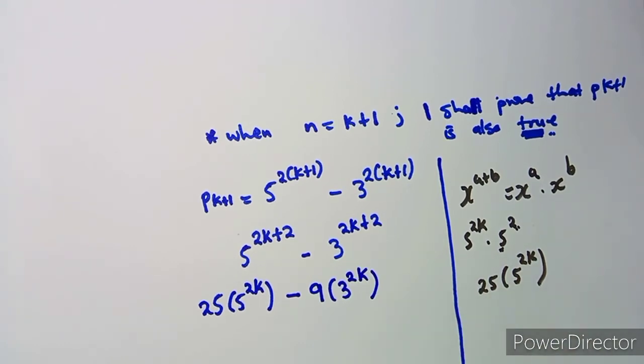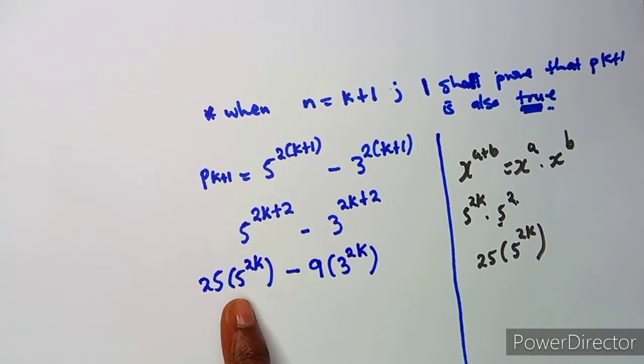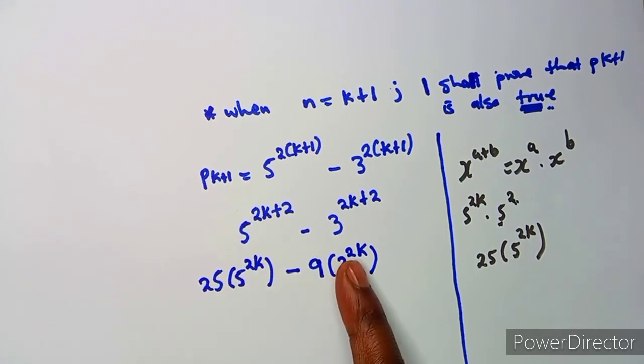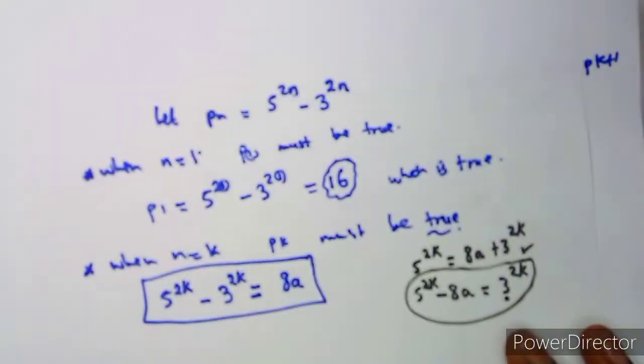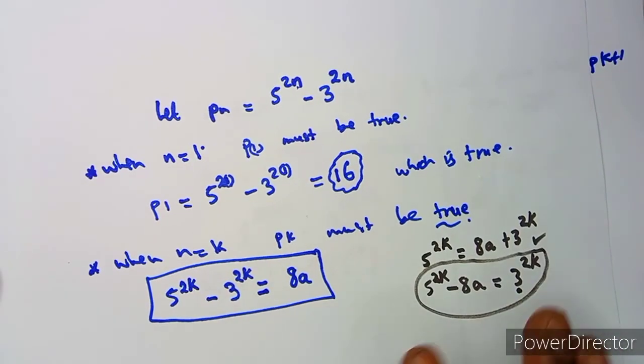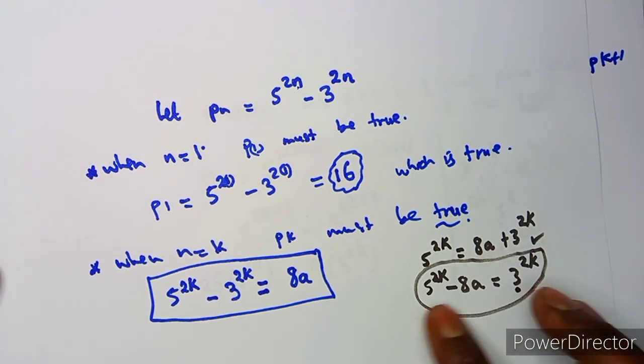So this is where you are now going to substitute any one of those statements, because as you can see, 5 to the exponent of 2k is clearly represented, and 3 to the exponent of 2k is clearly separated also. So I can substitute any one of the statements that I had here, because remember, from that statement we said we can make 5 to the exponent of 2k the subject, or 3 to the exponent of 2k.